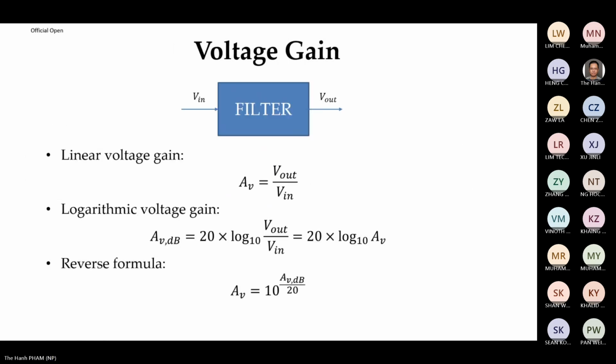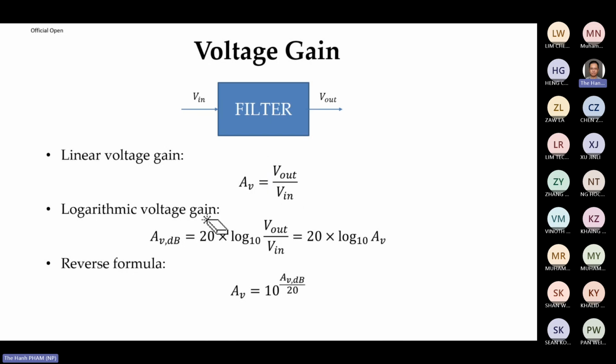Okay. Right. When you look at filters, a filter can be considered as a system where you have input and output. For a filter, you can have the gain. The gain is just a ratio of the output voltage to the input voltage.